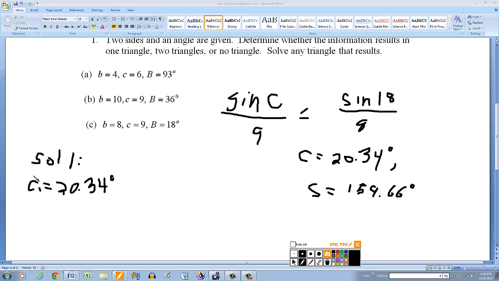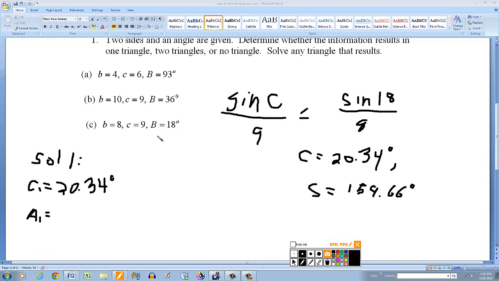So now I want angle A. And again, there's going to be two values for angle A. So I'm going to call this one A1. Okay, so what you would do here to get angle A1, we know two of the angles.